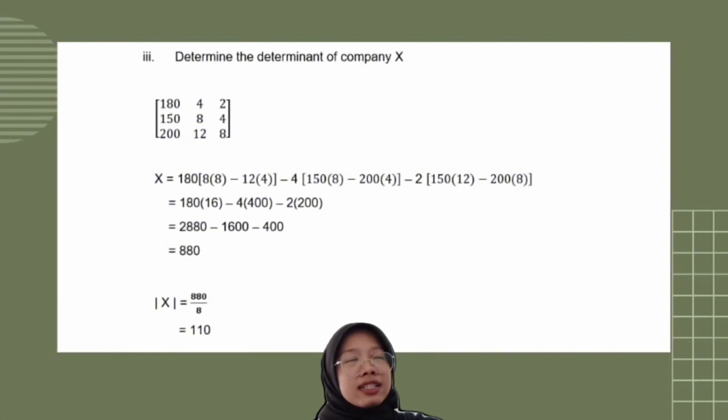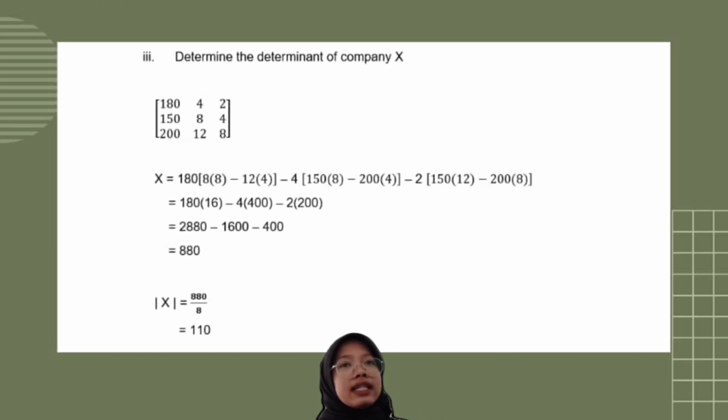Third term, 2 multiplied by 200 equals 400. So after we multiply each term, we need to subtract the values. After we subtract, the determinant of company X is 880.